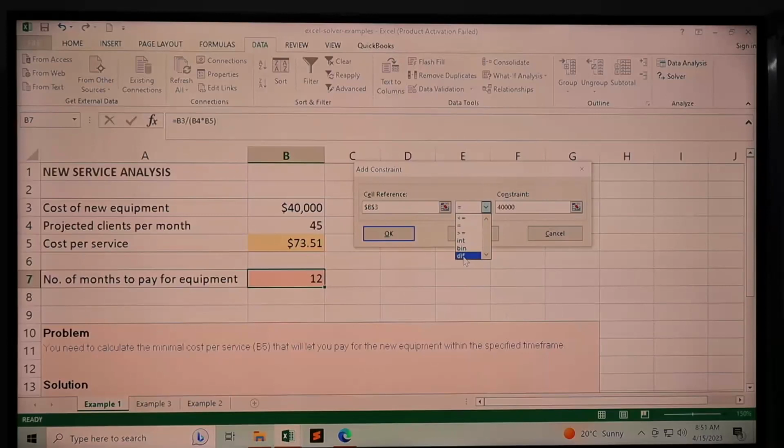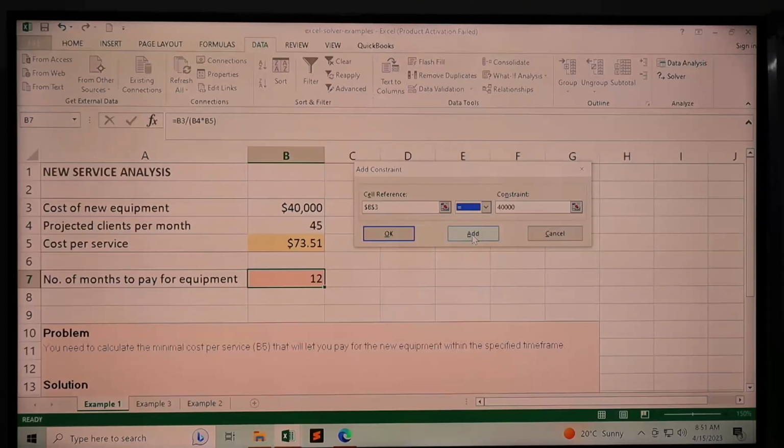The different value, if each cell of the reference range must contain a different value, then you choose diff. Then binary, if you want to limit the reference cells either to 0 or 1, that is the binary numbers. So in this case, we choose equal to, and we say that our value equals that.